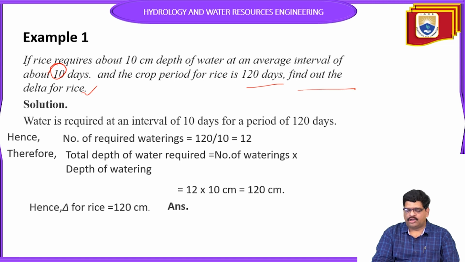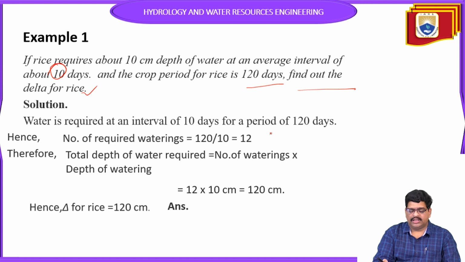That means the total number of days for the crop is 120, divided by the 10-day interval at which we apply the water. So 120 divided by 10 is equal to 12.